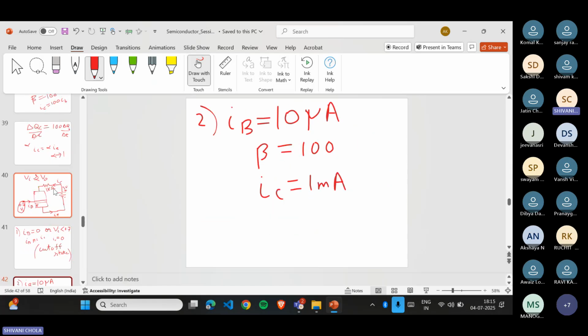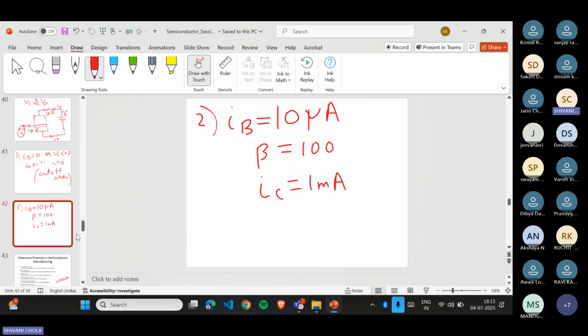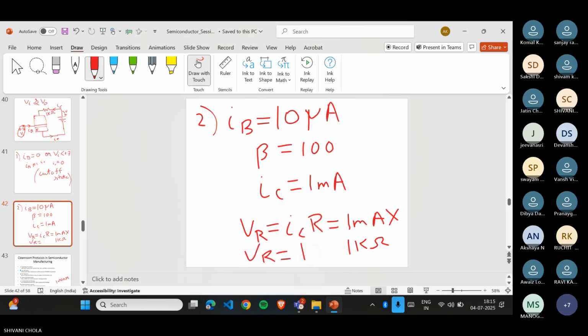So there will be a potential drop. Let's calculate how. V across the resistor will be equal to IC into R, which is 1 milliampere into 1 kilo ohm. So VR will be equal to 1 volt. Clear?